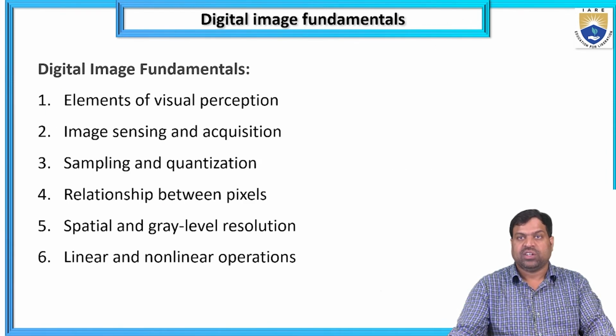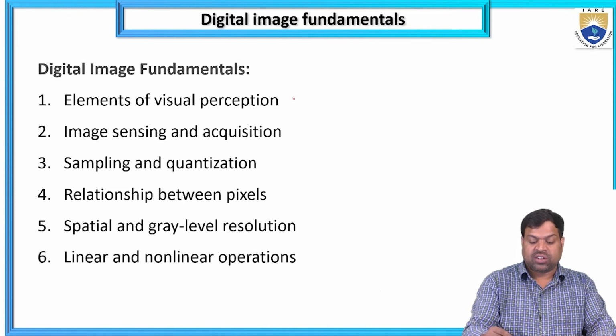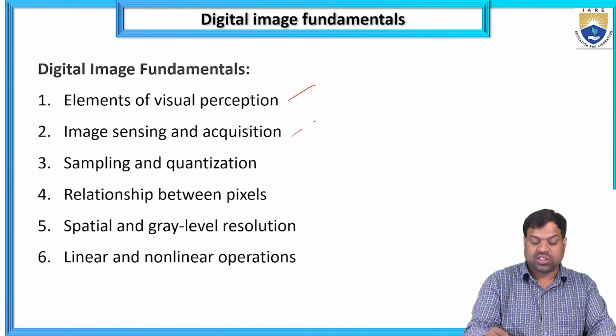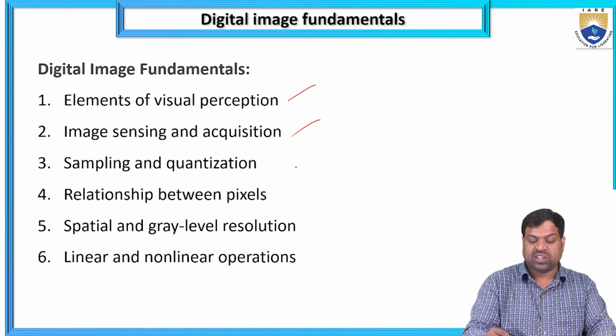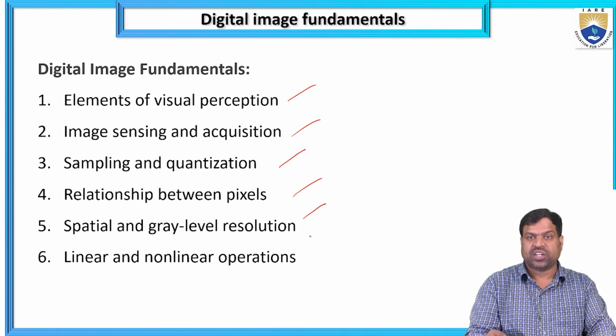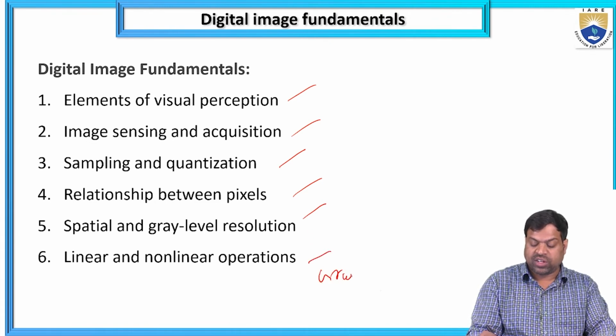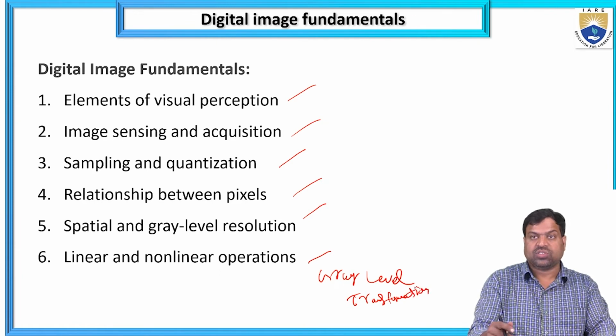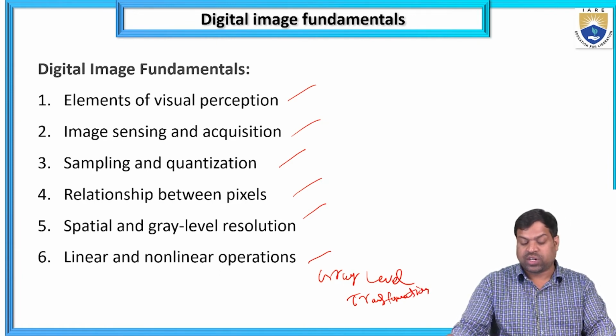So in digital image fundamentals, elements of visual perception, image sensing and acquisition, sampling and quantization, relationship between pixels, spatial and gray level, linear and non-linear are there. Then only we will go for the gray level transformation. All those things belong to image fundamentals.